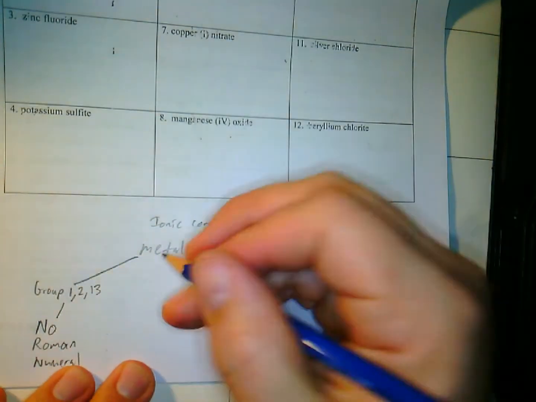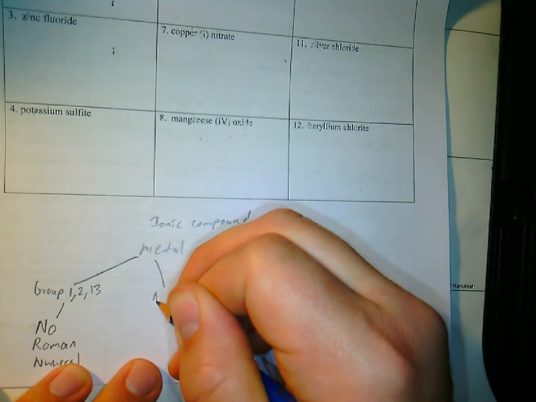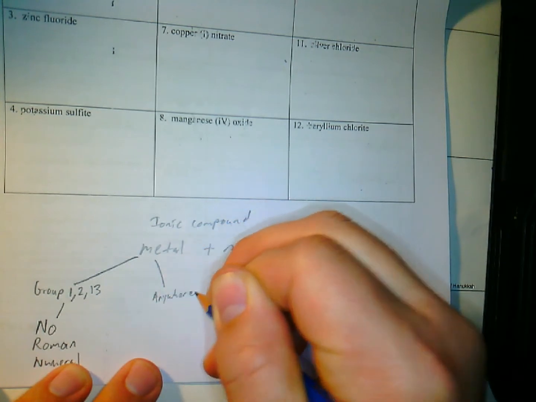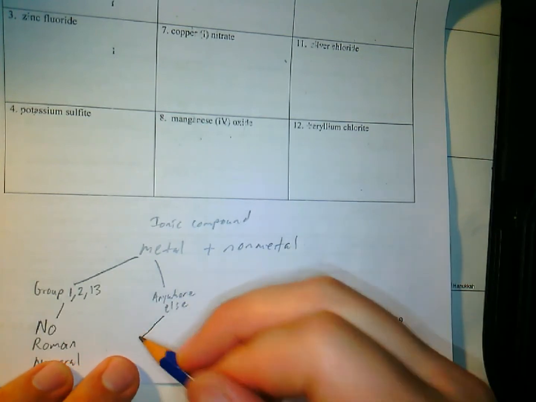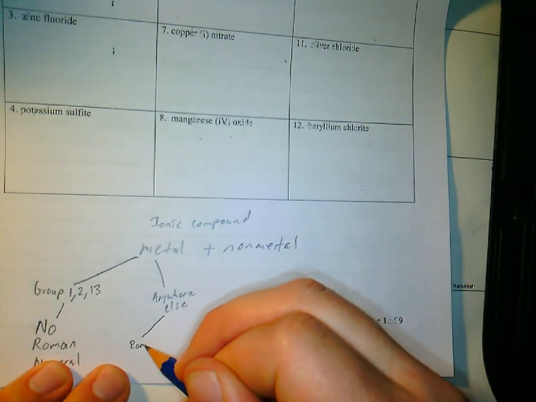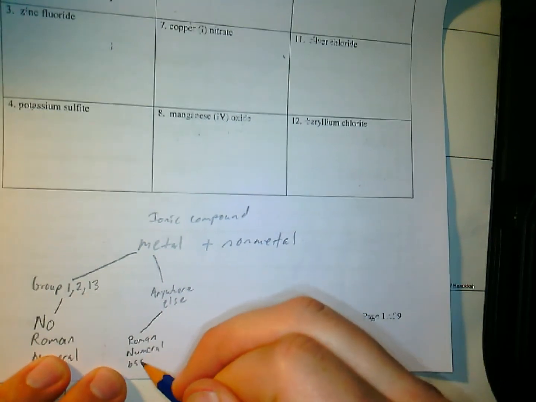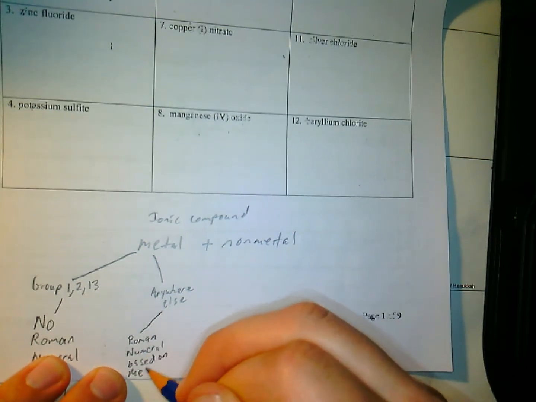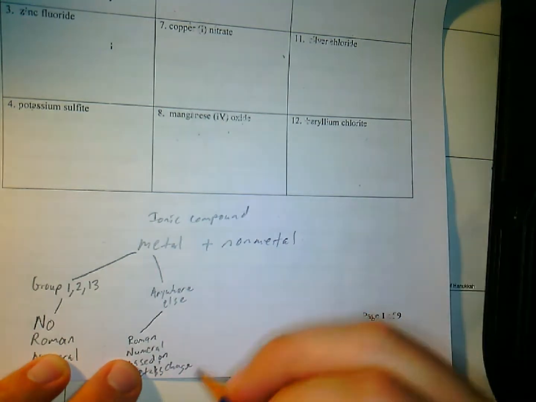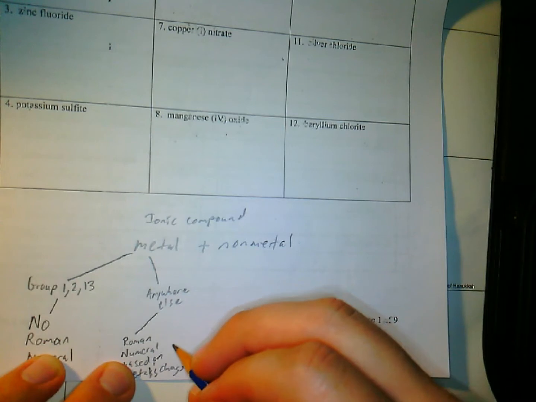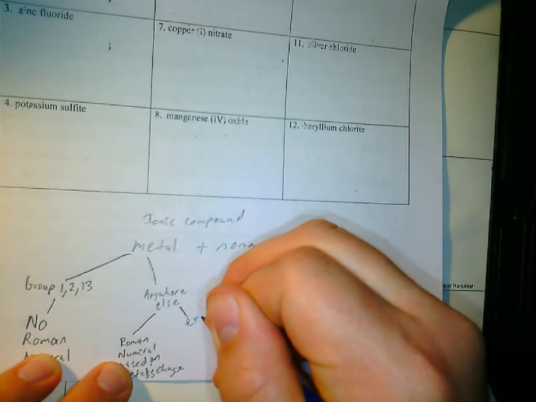If it is anywhere else, then it will have a Roman numeral based on the metal's charge. So if the charge of copper is +1, then it'll be copper(I), Roman numeral 1. There are some exceptions to this rule.